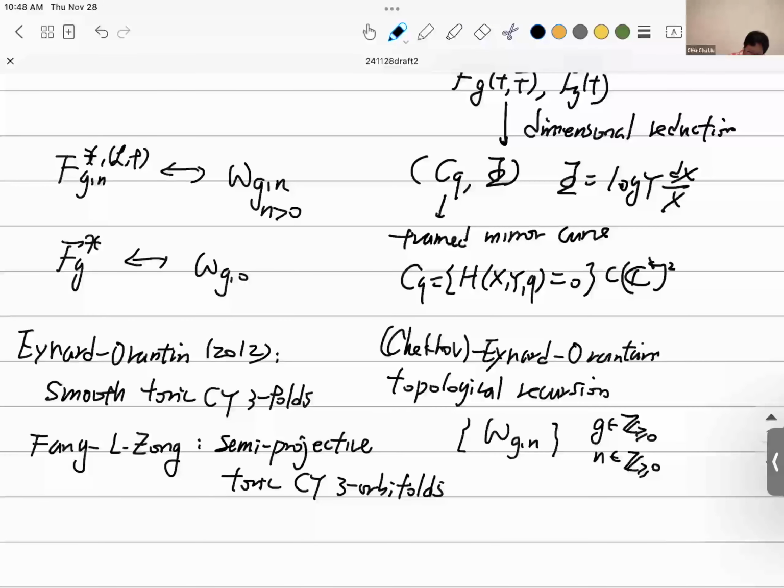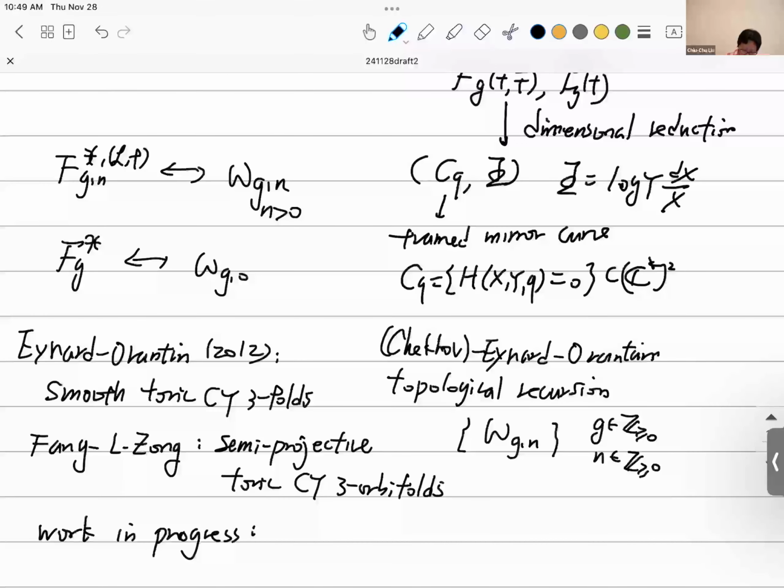And there's also some work in progress. Our orbifold version, as I will mention later, is actually more general than the version they originally conjectured. In the original conjecture, we can have orbifolds, but the Lagrangians are still smooth. We also proved the version where the Lagrangian can touch the orbifold point, so the Lagrangian can also contain orbifold points.